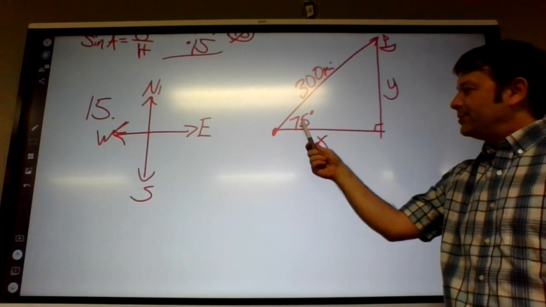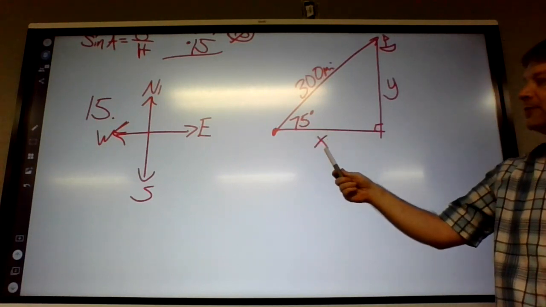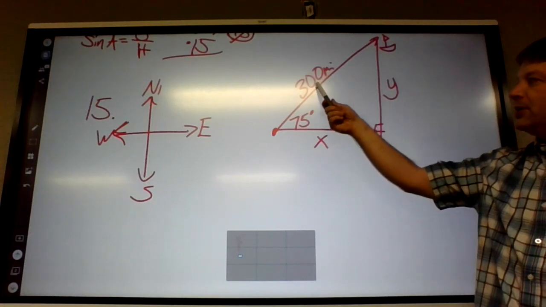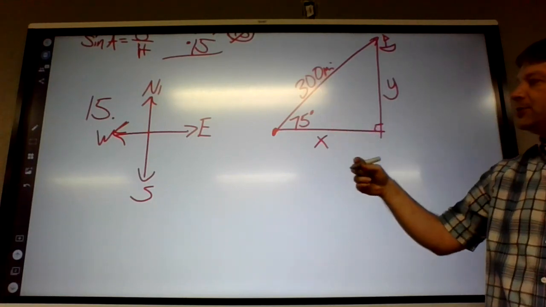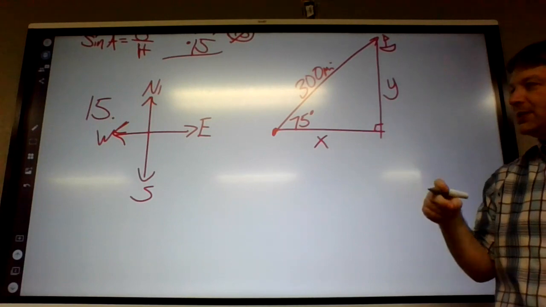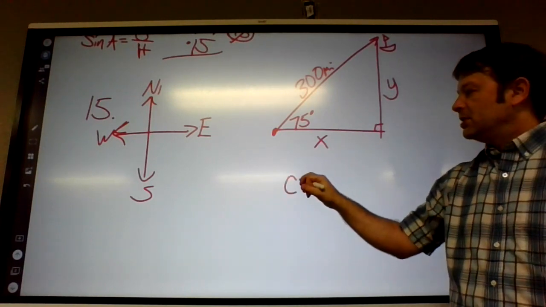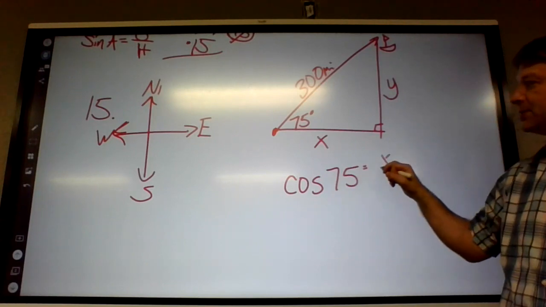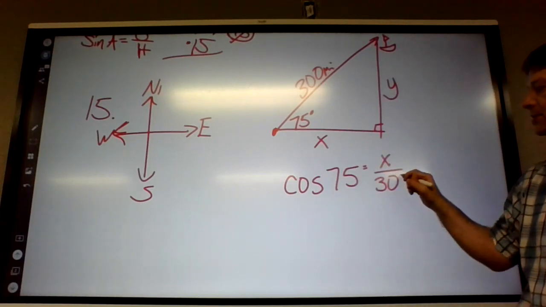Relative to this angle, what side am I looking for here? Adjacent. And the side we already know is the hypotenuse. Which trig uses adjacent and hypotenuse? So cosine of 75 degrees should equal adjacent over hypotenuse.